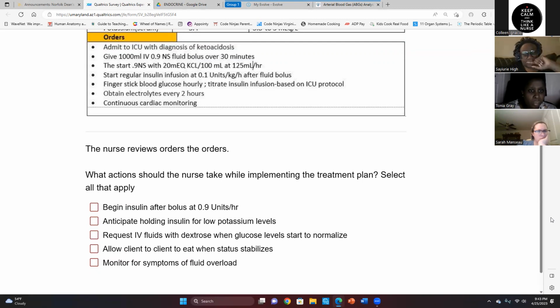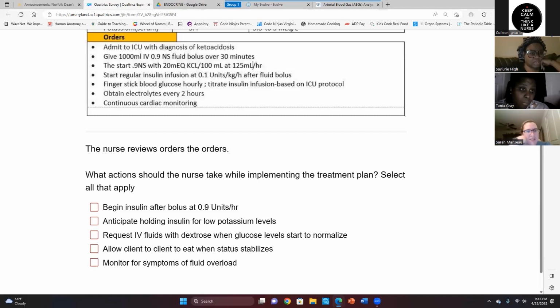It says the start of 0.9 normal saline. Does that mean then start? Is that the order right there? I would ask the doctor for clarification. I think it should be then start.